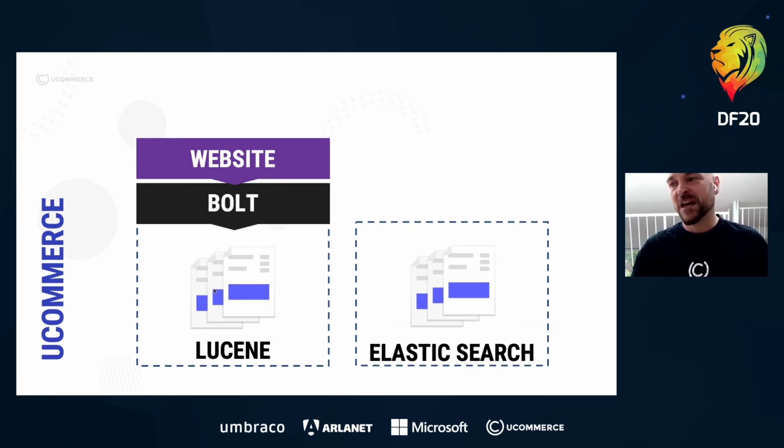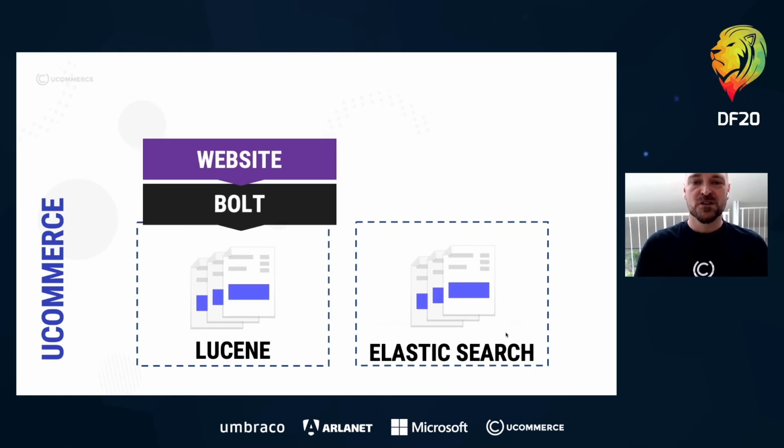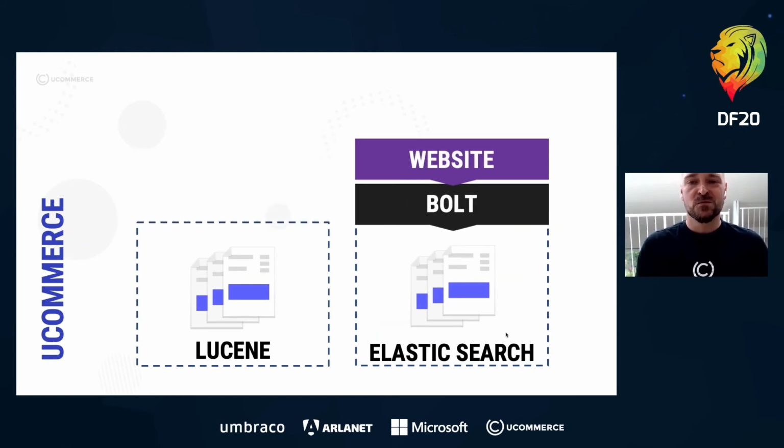But if you need to scale for Black Friday or something like that, you can set up the Elasticsearch provider for Bolt that we're working on right now, and you can build your own as well using the framework-first underpinnings of Ucommerce. When you're ready to deploy to production, you can simply switch over to the new provider, which will now be running on indexes in Elasticsearch, where you can scale out the API independently from the website and have multiple servers supporting the query APIs of the system.